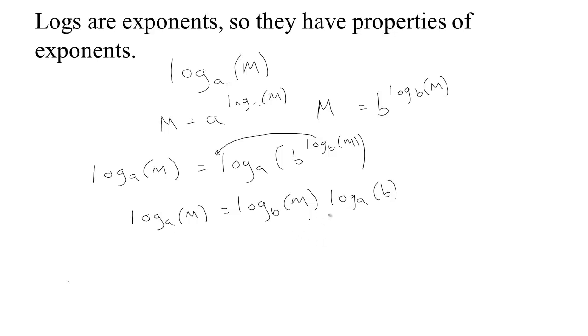This gives us a formula for converting bases, because if I divide both sides by the log base a of b, I get this. I have the log base b of m, that's what we have right here. Getting that alone, I have the log base a of m divided by the log base a of b. So this is called the change of base rule.